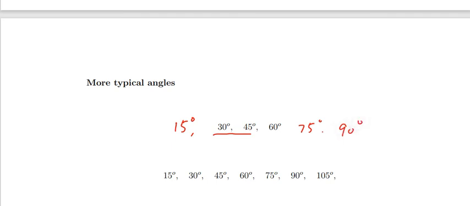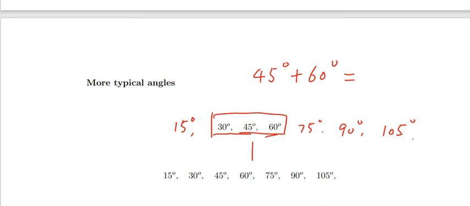Or for 90, we can also regard it as 30 plus 60, right? And 45 plus 60 equals 105, so we can also regard 105 as a typical angle. So from these three typical angles, we can produce more typical angles.